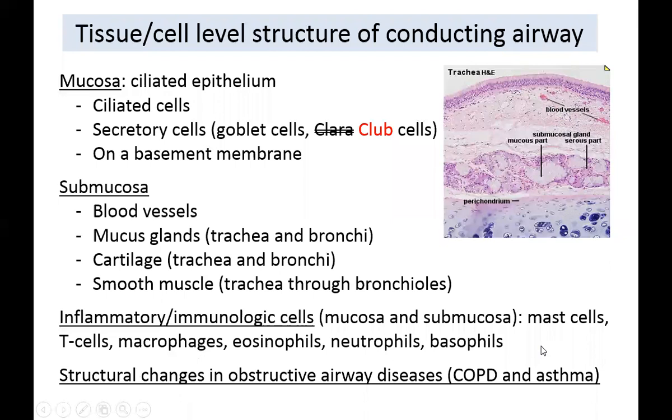They're all around here. Mast cells are tissue basophils. Basophils are in the blood, mast cells are in the tissue. And then there are structural changes in mucosa and submucosa in asthma and COPD, and we'll talk about those later.